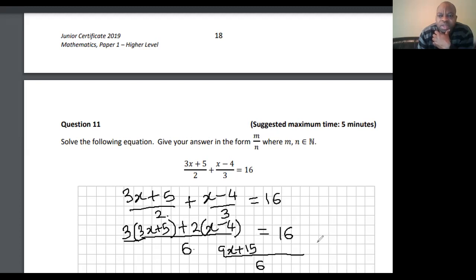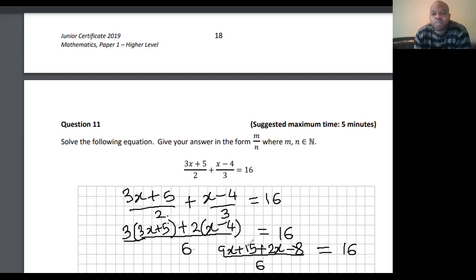Before then, don't forget to write equals to 16, the right hand side. Followed by the plus sign, 2 multiplied by x is 2x. Then 2 multiplied by minus 4 is minus 8.